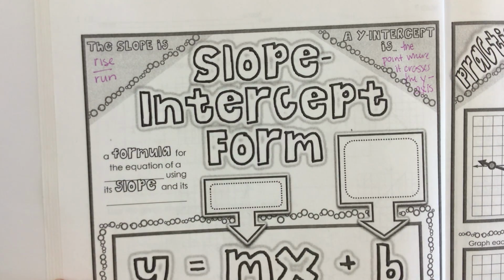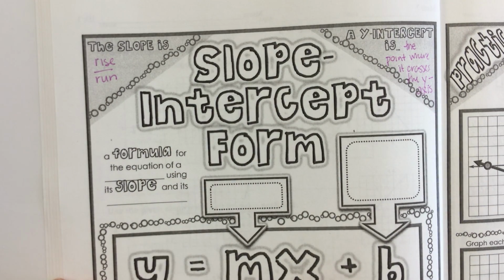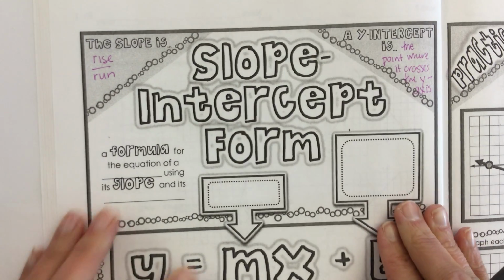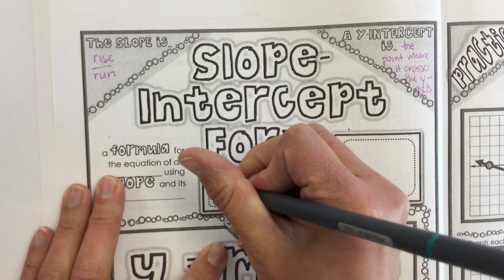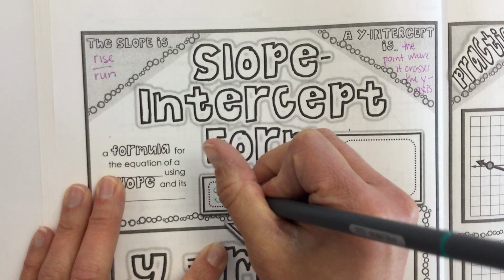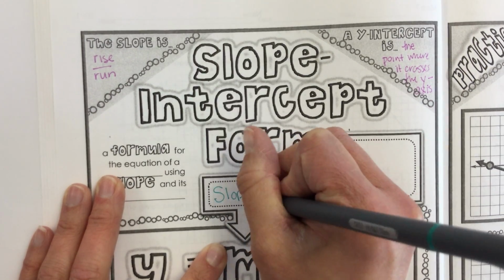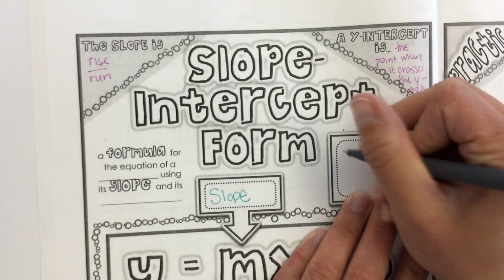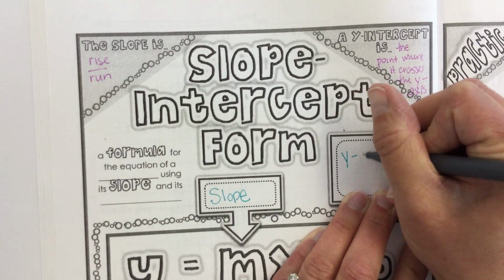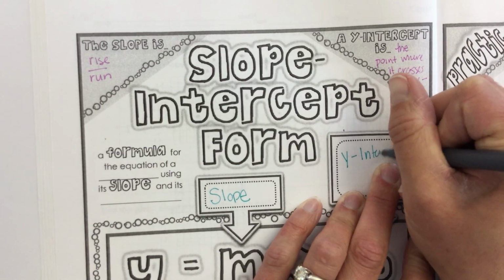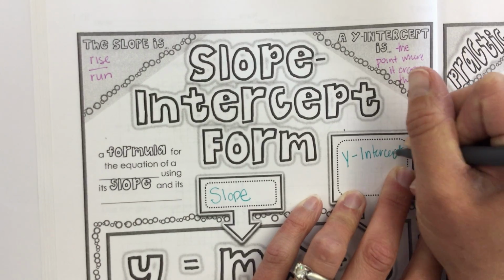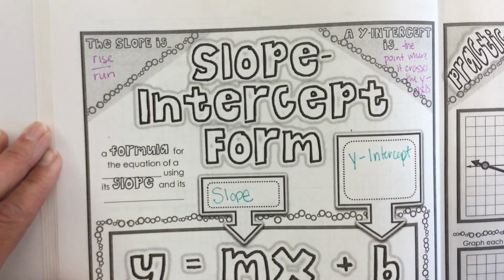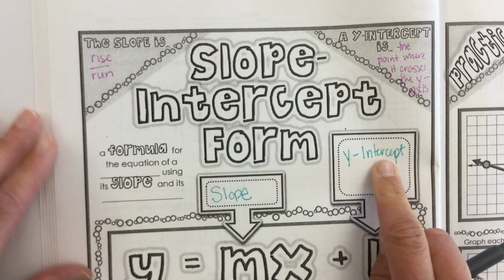So this is slope-intercept form, y equals mx plus b, where m is our slope and b is our y-intercept. Okay, so intercept means where something connects.